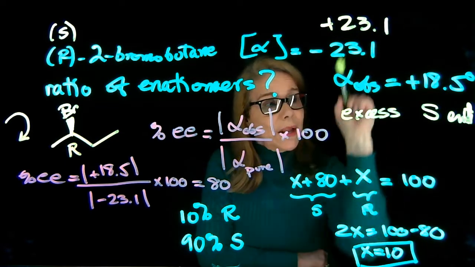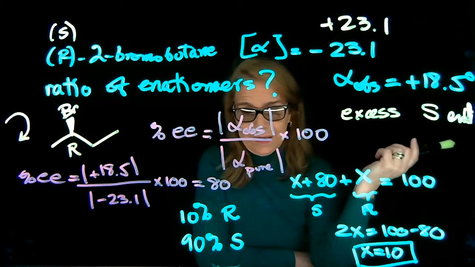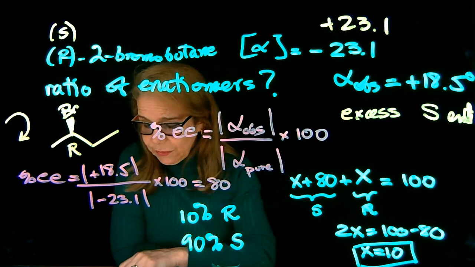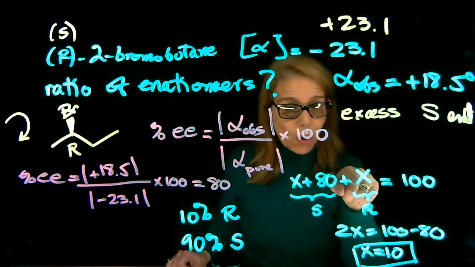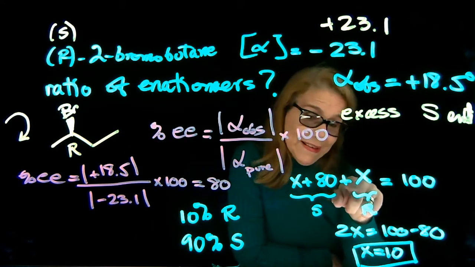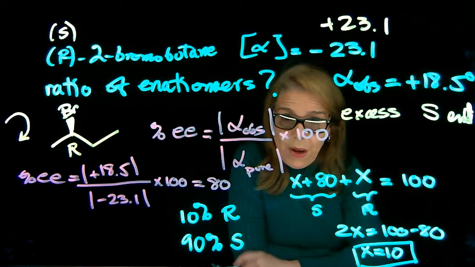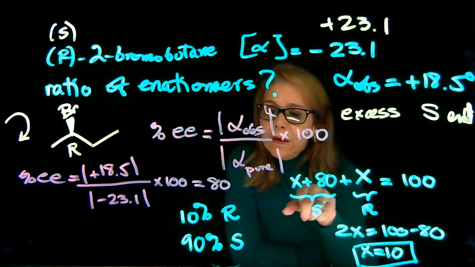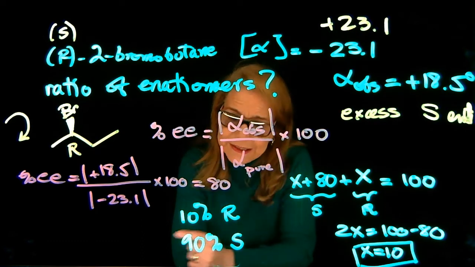So that's the one in excess because the observed rotation has a positive sign. So after we do the calculation of the enantiomeric excess, and here it is, 80%, I know that the one in less amount, the R, is X, and the S will be X plus 80. Solving for X gives you 10, so the R enantiomer is 10%, and 90% is the S.